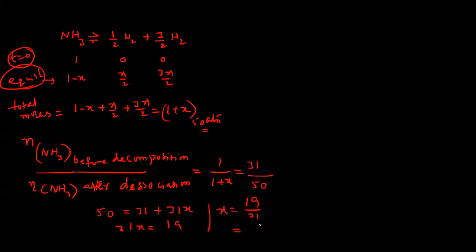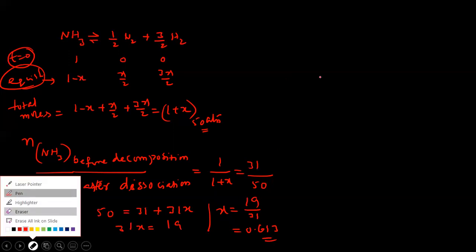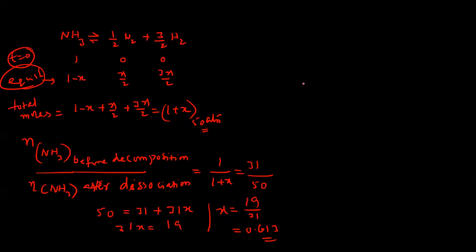That answer, we got the x value of 0.613. Now the aim of our problem is nothing but to find the percent decomposition of ammonia. Therefore, what is the percentage decomposition?